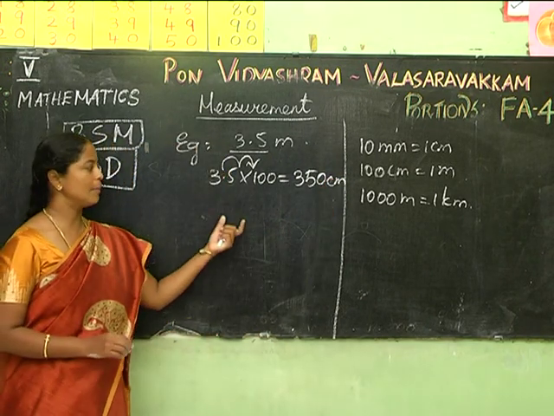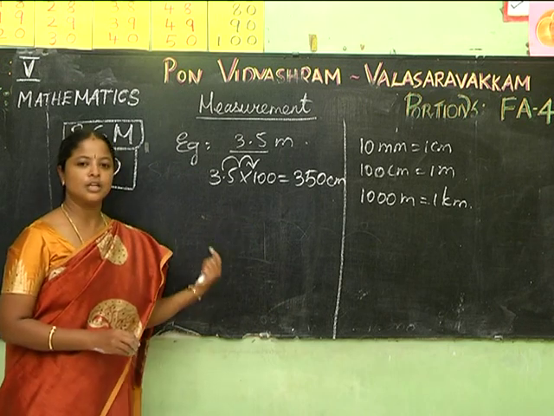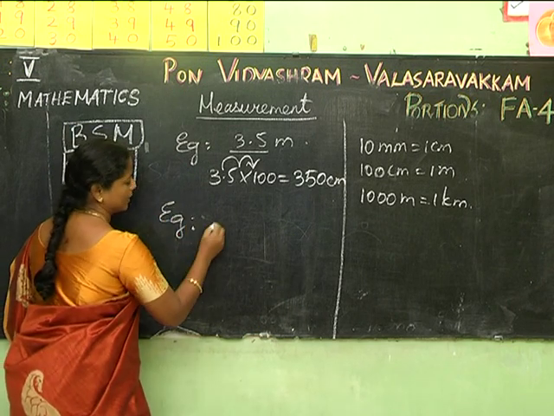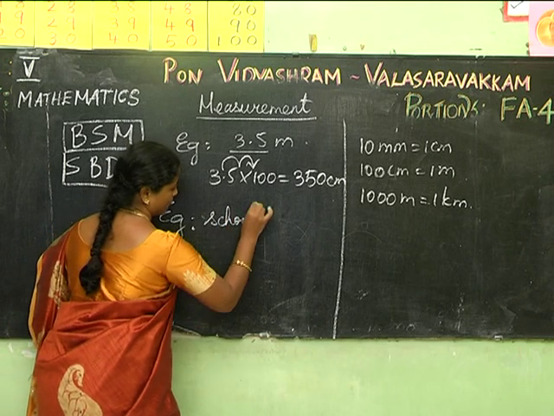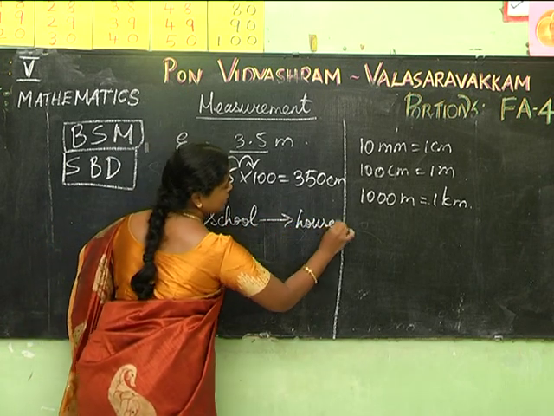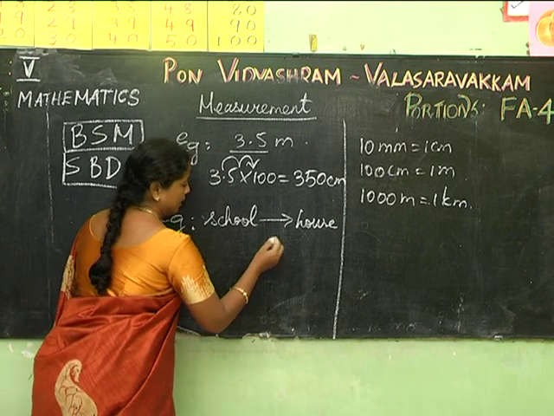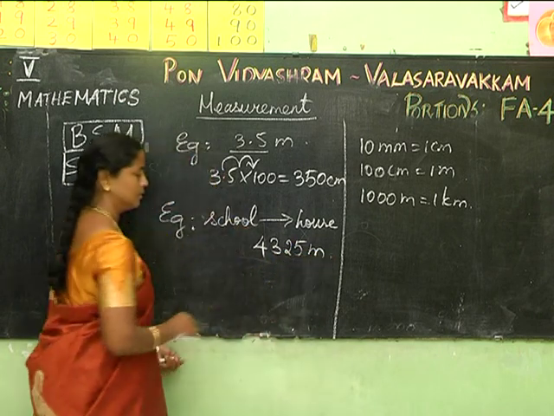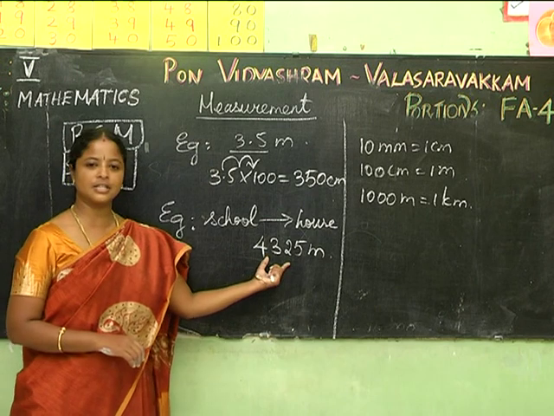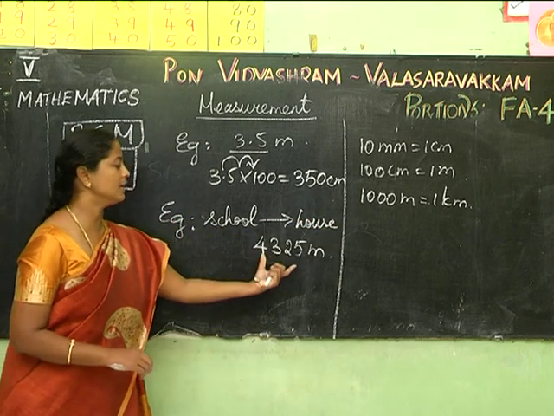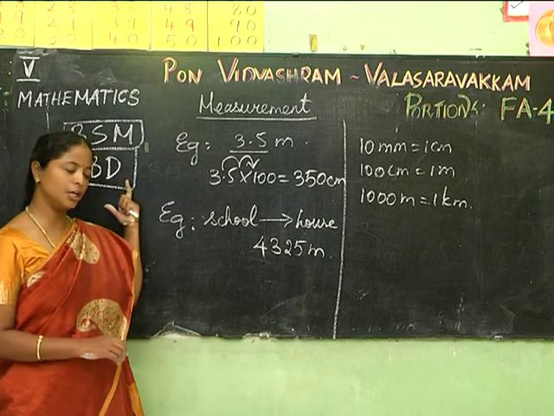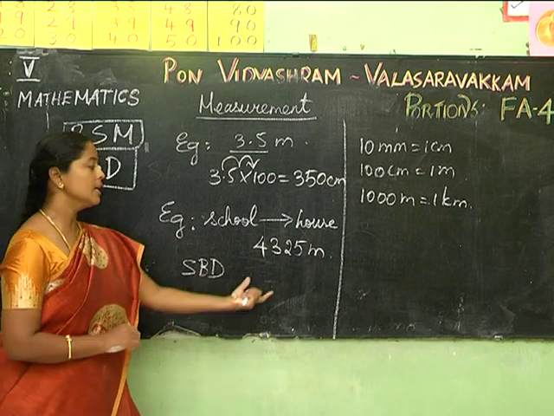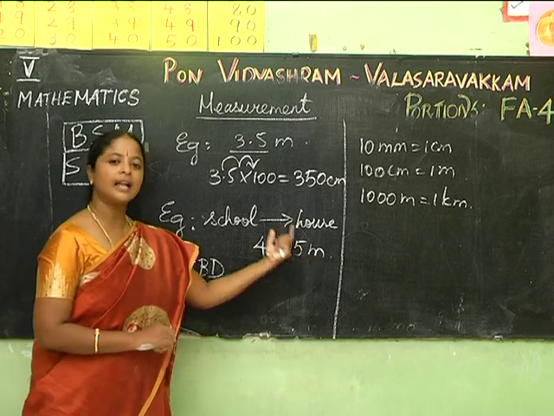The same way, now I am going to convert the distance between your house and the school. So the distance between your school and house is 4,325 meter. It is given in meters, you have to convert it to kilometers. Whenever you convert a smaller unit to a bigger unit, you use SBD, that is we divide by the relationship between meter and kilometer.